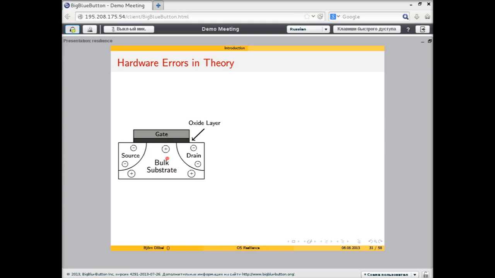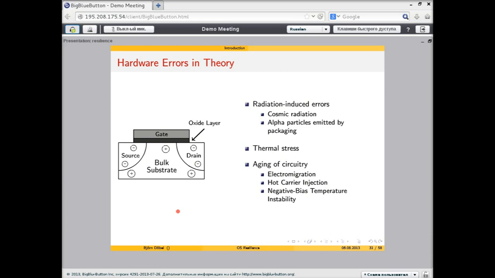And semiconductor technology works by putting some isolator in between, which is called the bulk. And on top of this transistor, we have a gate diode, which is supposed to switch the transistor on and off. And the gate diode is separated from the rest of the transistor through some kind of oxide layer.